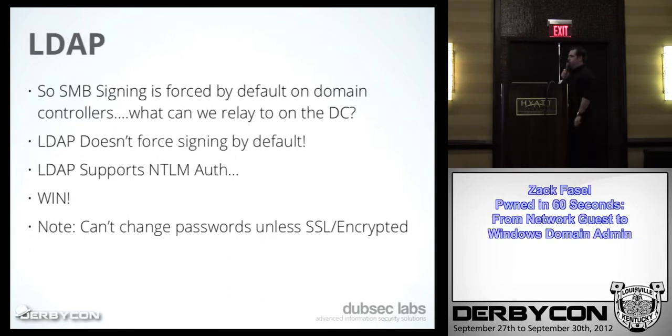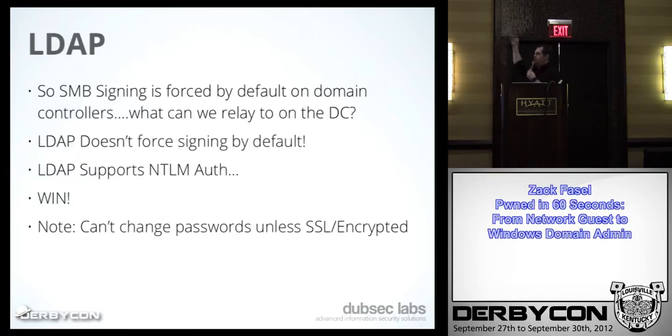What else supports NTLM? Oh, LDAP. So I said I was going to touch more on signing later. What SMB signing is, and other signing in NTLM and all the other different services, is that it basically uses the original user's password hash to sign the packet, and it sends that signature along every time. Now, without knowing the original password hash, you can't sign the packet. So by default, Windows domain controllers have SMB signing forced for security. By default, clients don't have SMB signing forced.